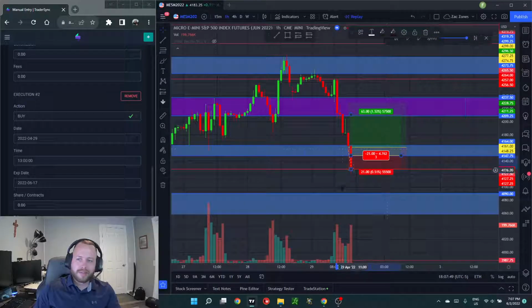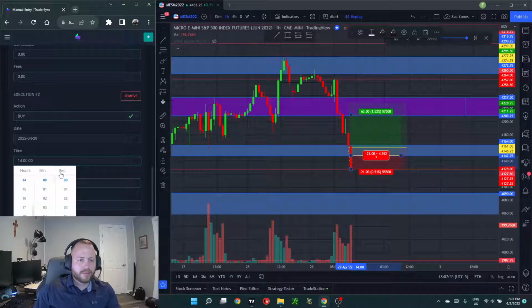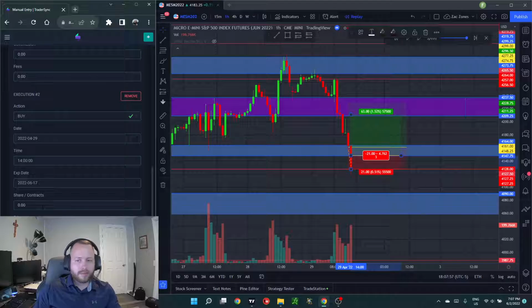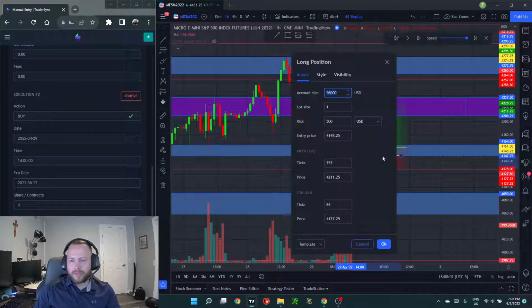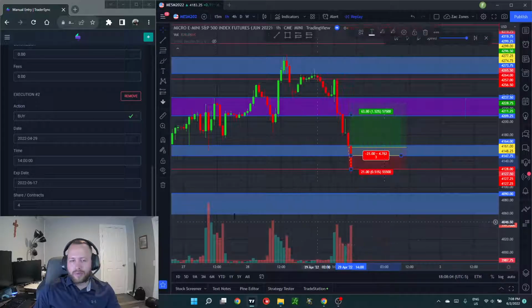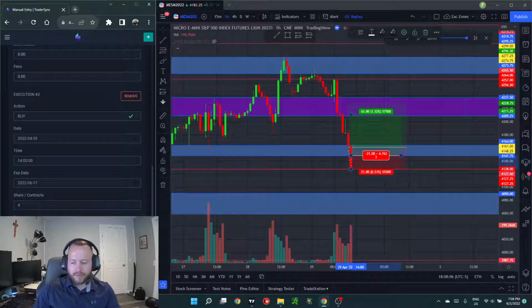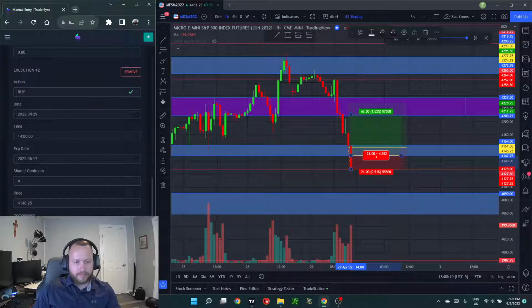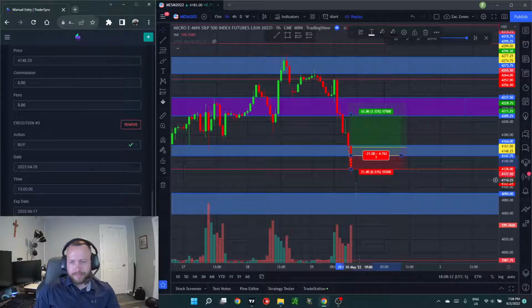Okay. So on the 29th at 1400, bought 4 contracts for a price of 41.4825. And then we're gonna add that execution where we sold the whole position at 41.28, it looks like.